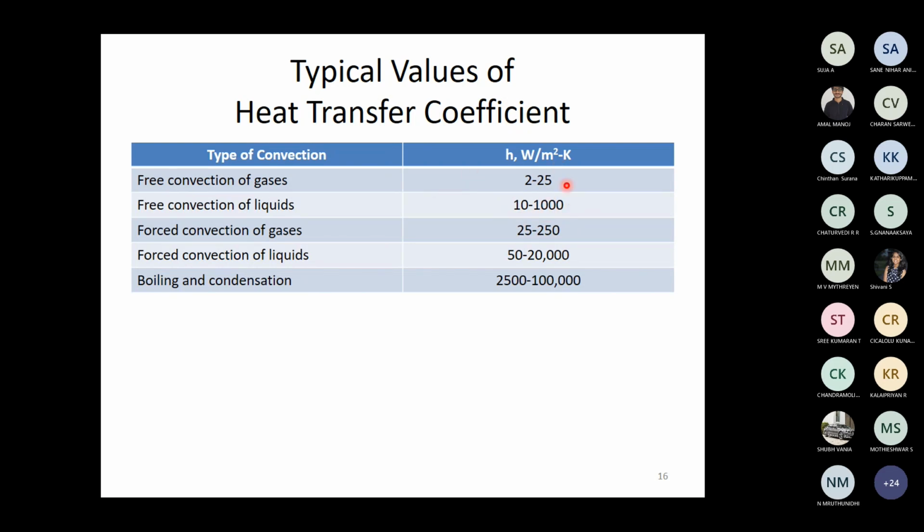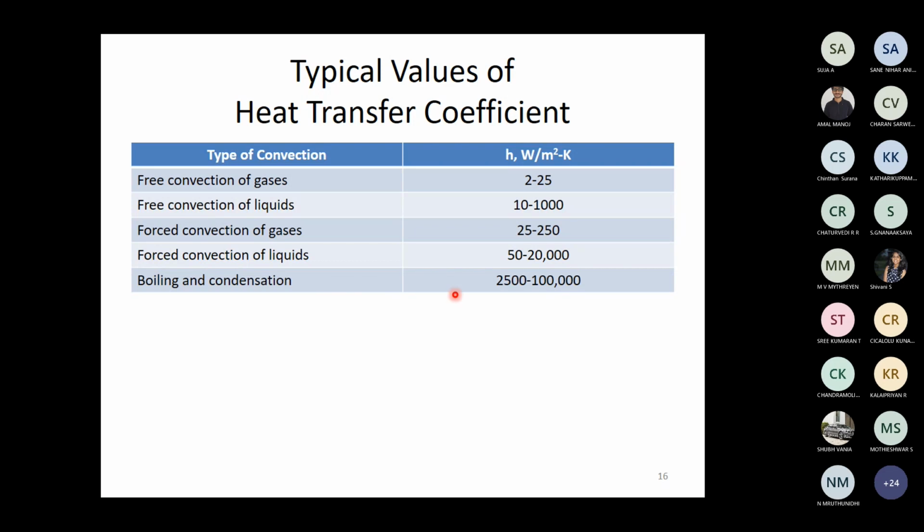These ranges are only indicative. There's nothing hard and fast about it. Then forced convection with gases is about 25 to 250. So when gases are involved, the heat transfer coefficient increases under forced convection conditions. And for forced convection of liquids, the heat transfer coefficient increases further, to 50 to 20,000.